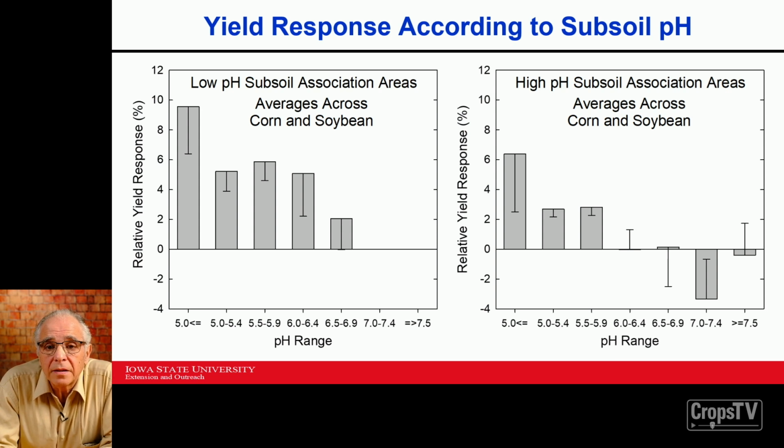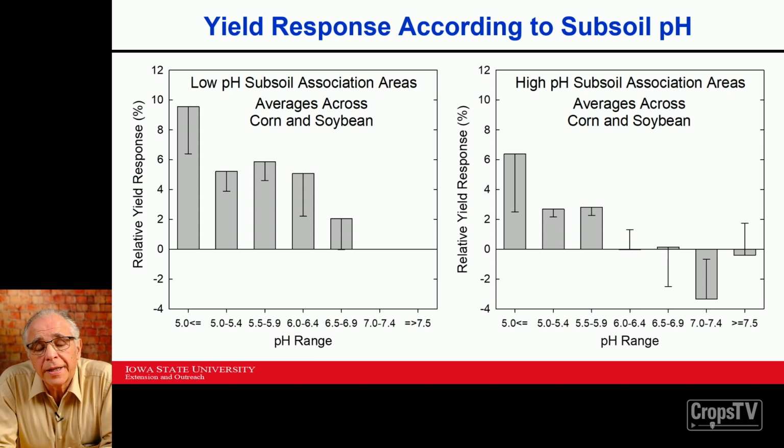Now, the graph on the right shows the data for the soil association areas that had calcareous subsoil, okay? And we see that the response, even in very acidic soils, is less than for the others. The other was almost 10%.